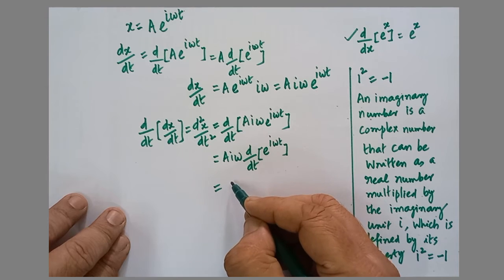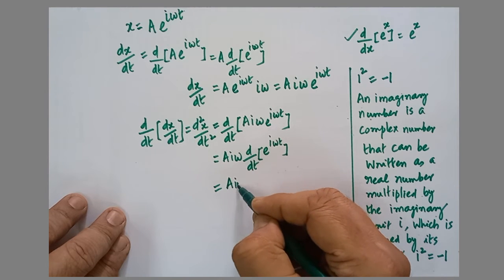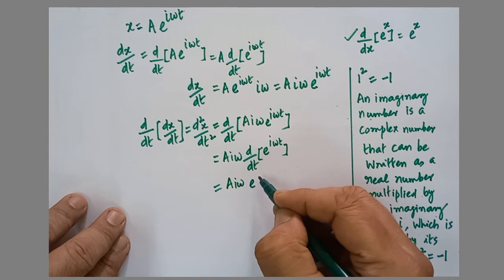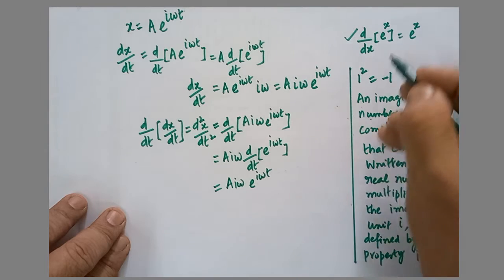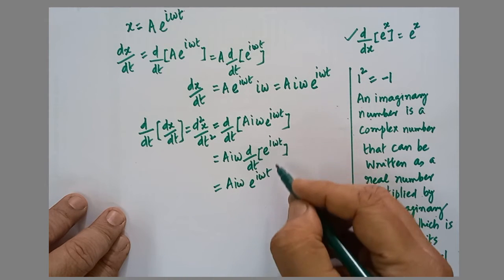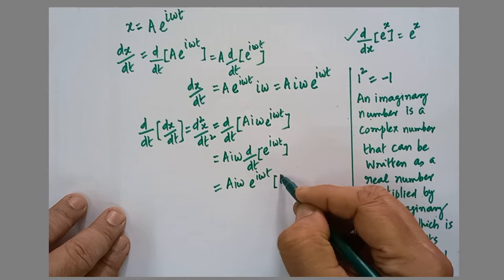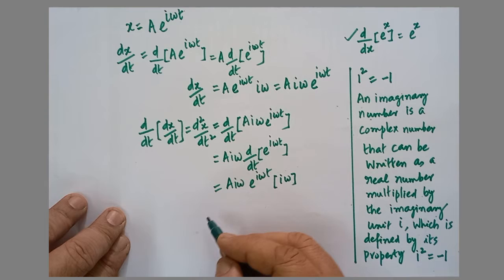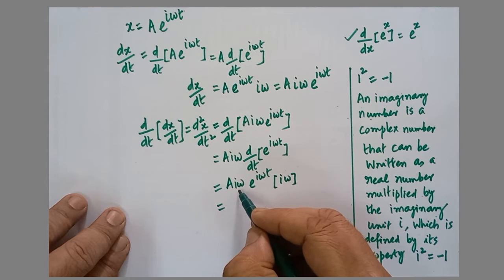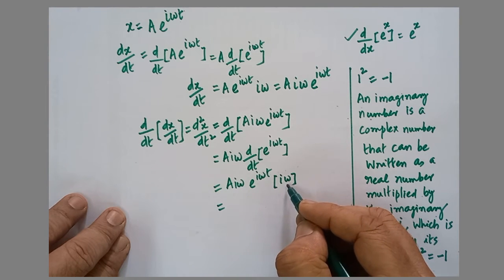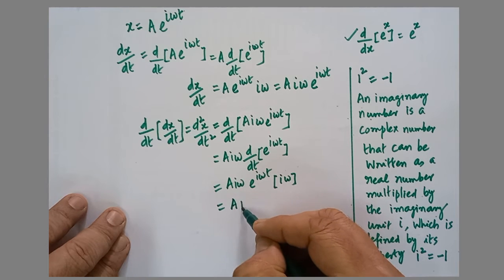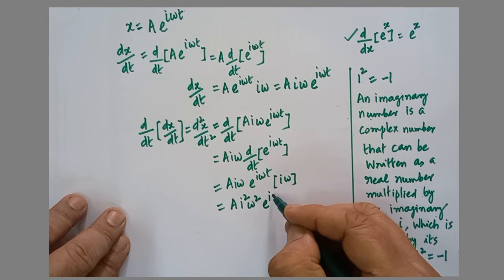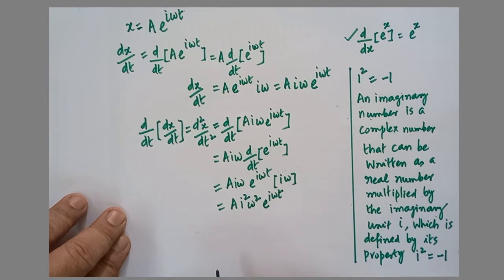Again you will get A iω d/dt of e^(iωt), which is e^(iωt) by using this formula. Again iωt is differentiated one more time, and you will get iω. Now, here one iω is there, here one iω is there. So what do we have to do? A i²ω² e^(iωt) can be written.